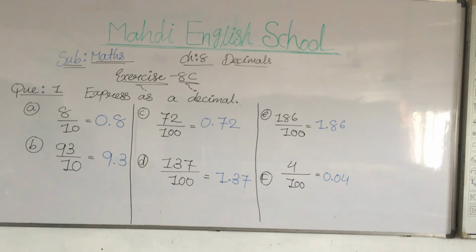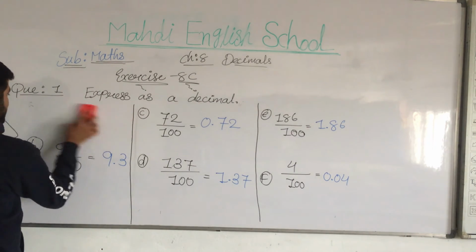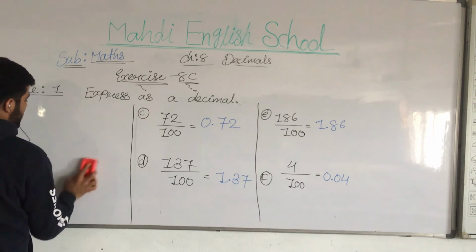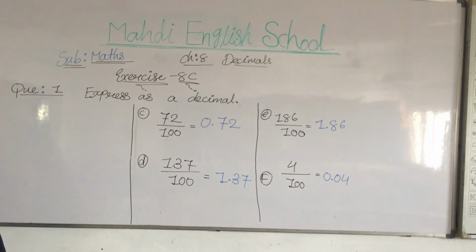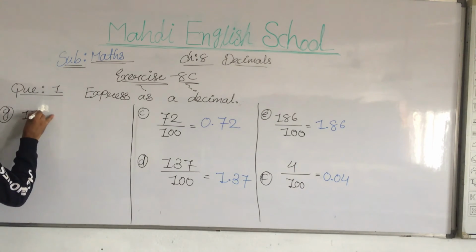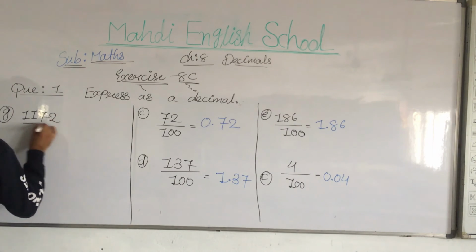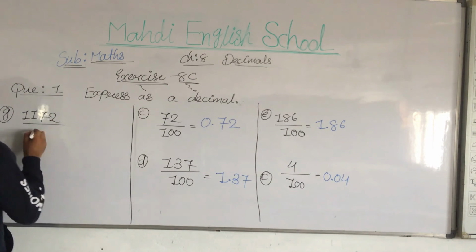Okay, then we will start question number G. So I am starting question number G. Here I have got A and B. Then I am starting the further question. 1172 upon 100.